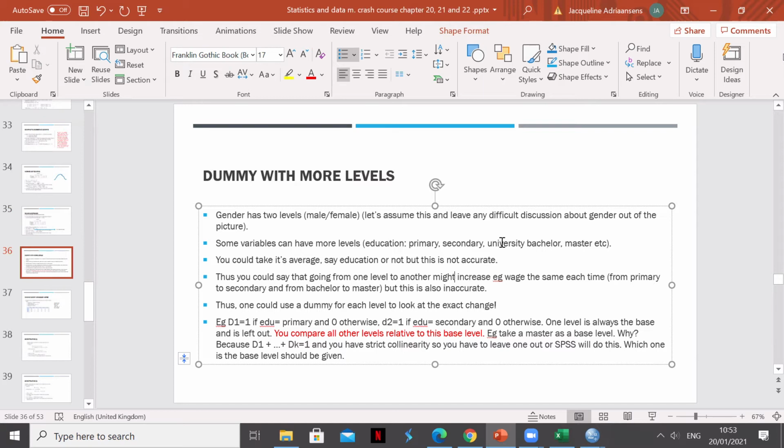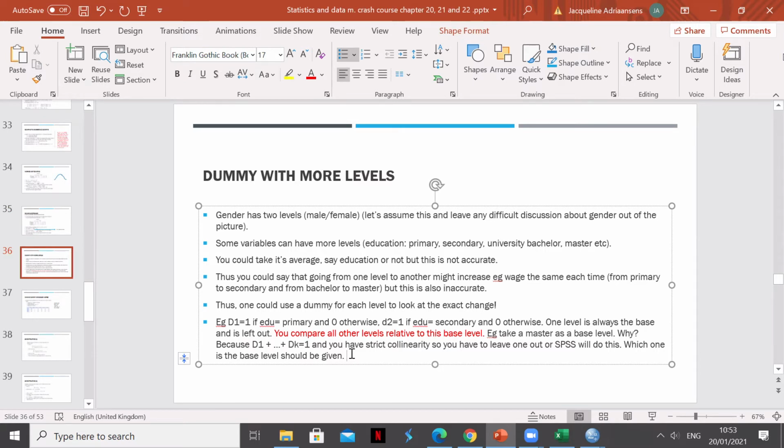And we already discussed, if you have strict collinearity, SPSS will leave out one of those variables itself. So if you fill in all 5 of your dummies, then SPSS might choose to leave out 3. But to be honest, 3 is the middle one. That might be very inconvenient. So what I would recommend is leaving out 1 yourself.